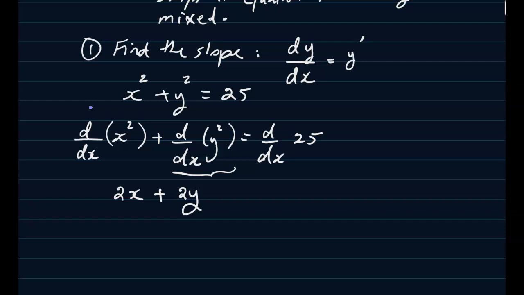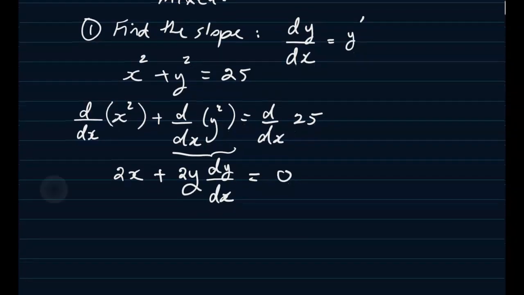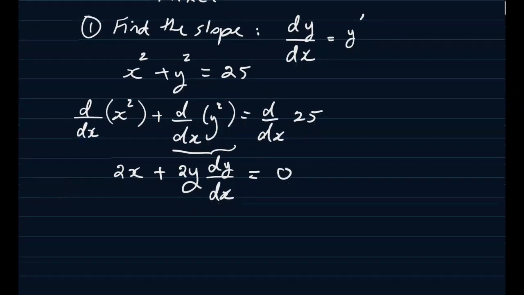The derivative of y squared is 2y, and then we have to multiply by dy/dx because y is a function of x, even though it's not explicitly stated. And of course, the derivative of a constant is 0. So now we have this equation in terms of dy/dx, and we're going to solve for dy/dx. Remember that dy/dx is y prime, and that's what we want.